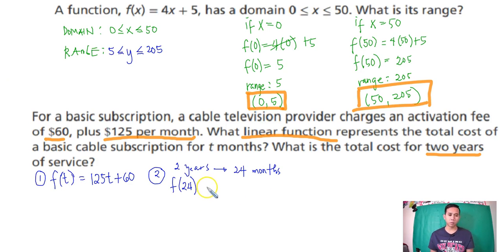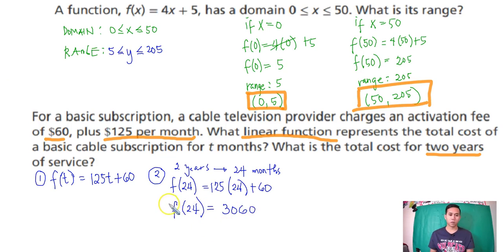So f of 24 is equal to 125 times 24 plus 60. So f of 24 now is equal to 125 times 24, that is 3,000 plus 60. So in 24 months, you will be paying 3,060.